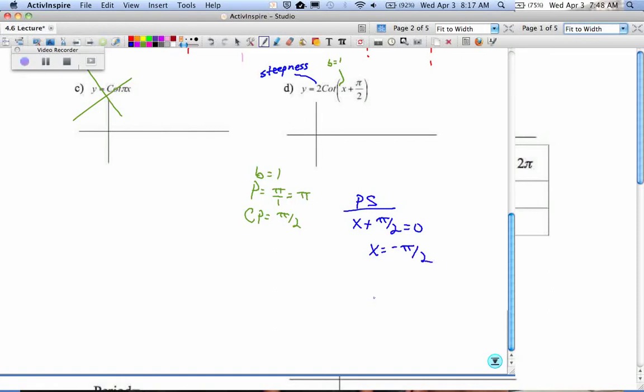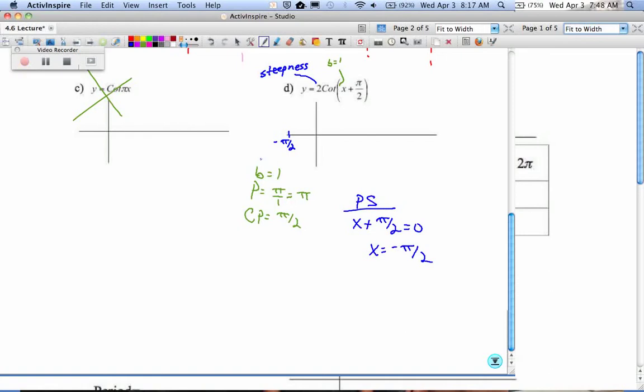So we're moving to the left, pi over 2. So I'm going to mark that with a different color. It's at negative pi over 2. That is, it should be at 0. My very first critical point that I write down should be at 0. But we're shifting it to the left, pi over 2.